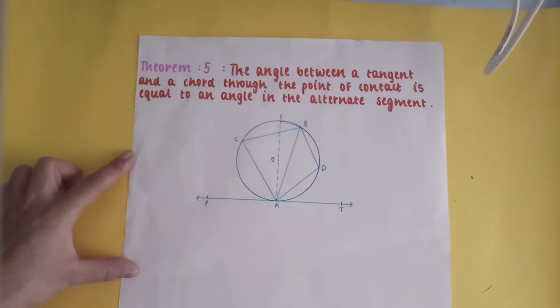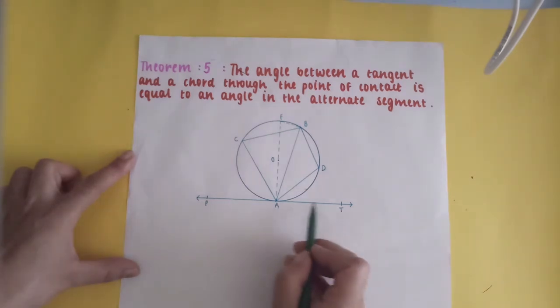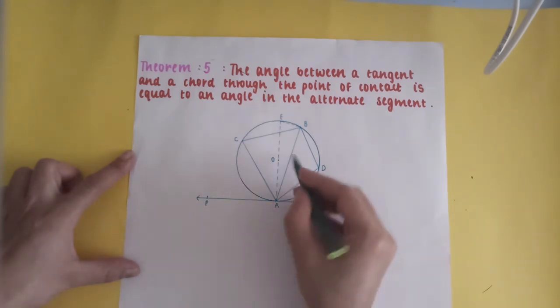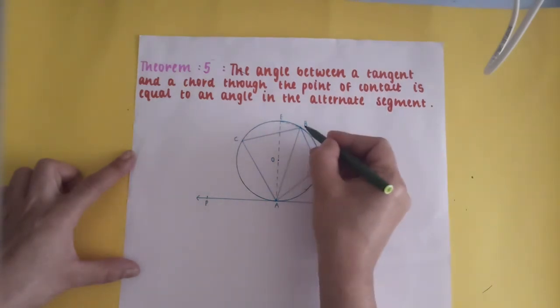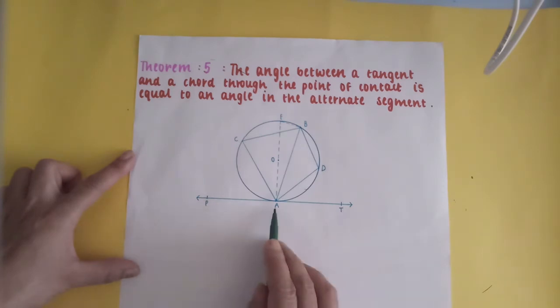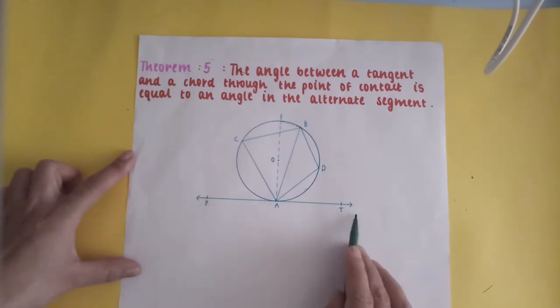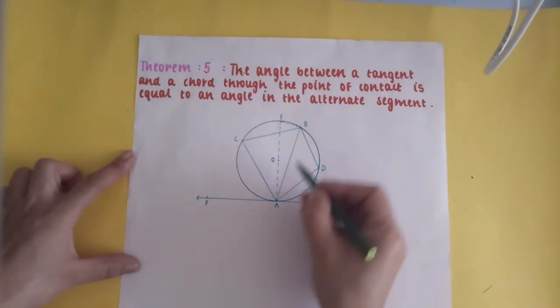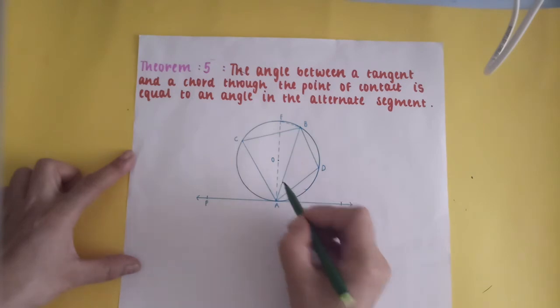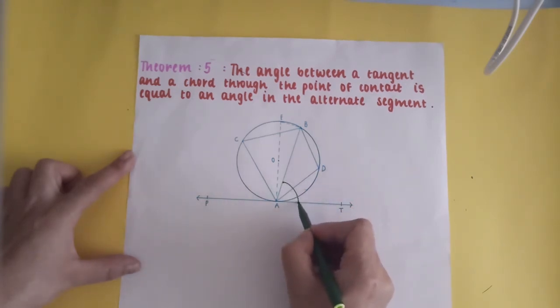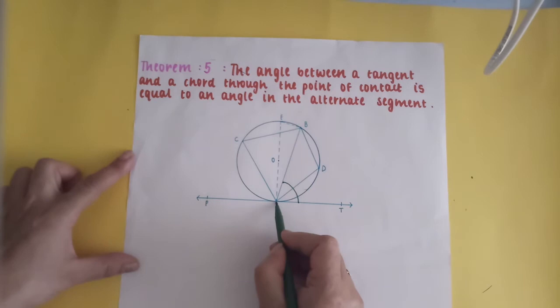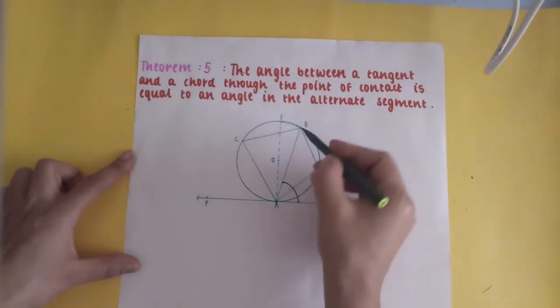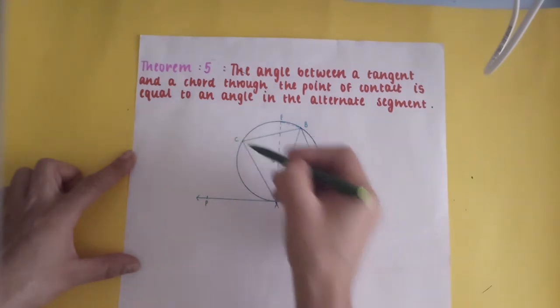Now what does this theorem say? It says that the angle between the tangent and a chord, you see AB is a chord and PA is a tangent to the circle, or PT is a tangent to the circle. The angle between the chord and the tangent through the point of contact is equal to the angle made by this chord in the alternate segment, in the opposite direction.